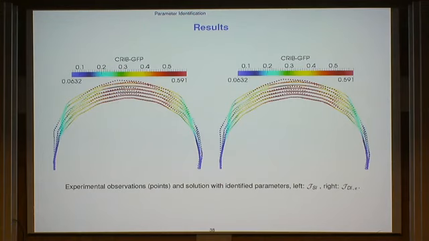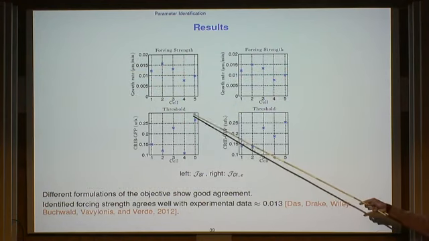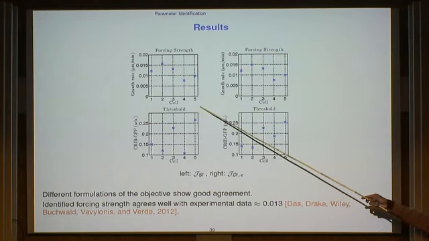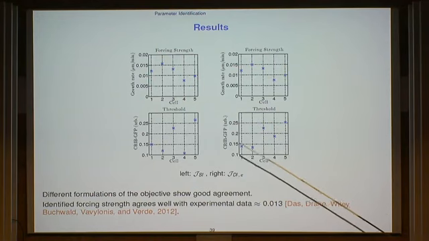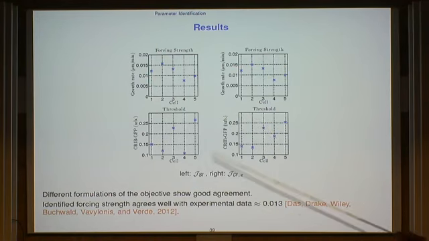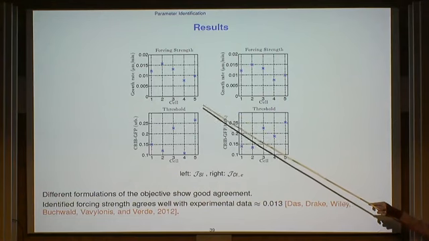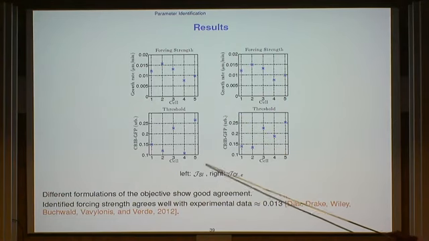You can also look at the actual parameters that you identify. For the two different formulations of the objective functional, the left is the sharp interface objective, the right is the diffuse interface one, and they essentially give you very similar estimates of each of these parameters. On the x-axis here are different cells, and on the y-axis is this parameter corresponding to the growth rate, and here on the y-axis is this threshold level.